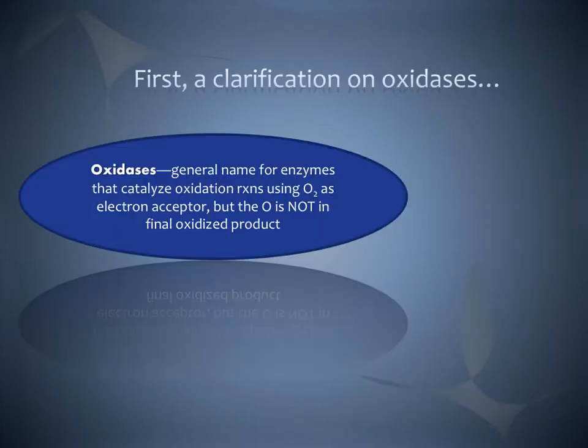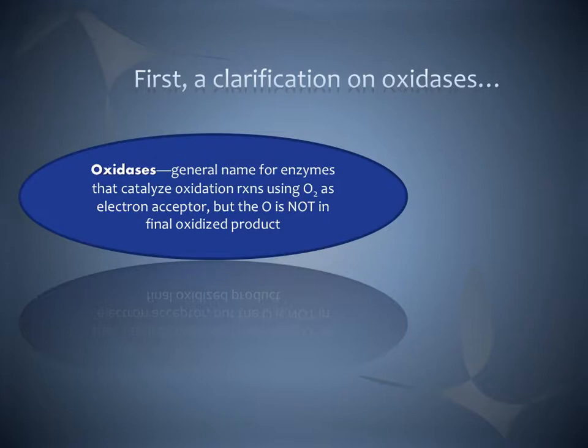So this is just to review a little bit. I mentioned this once before, but oxidases versus oxygenases. Oxidases is just a generic name. All of them will fall under the big umbrella term oxidoreductases, but these are like subclasses. An oxidase, technically speaking, does utilize oxygen, O2.